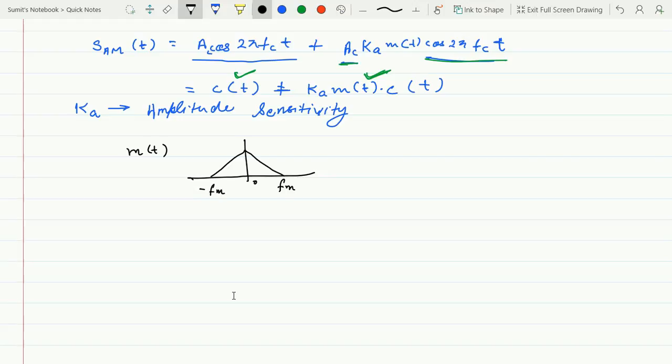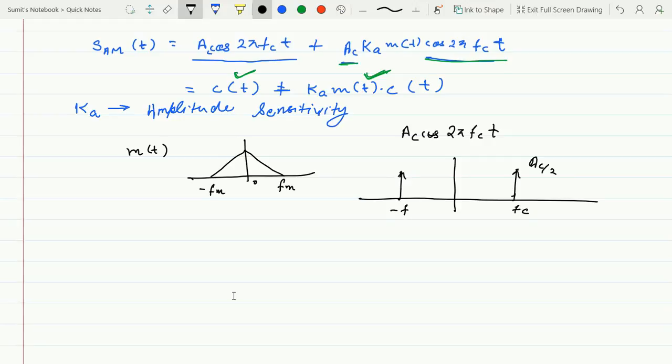And how our carrier would look, we already know it is a cos function, so it is going to look something like this. It will have two impulse functions of areas Ac by 2 at the frequencies fc and minus fc.